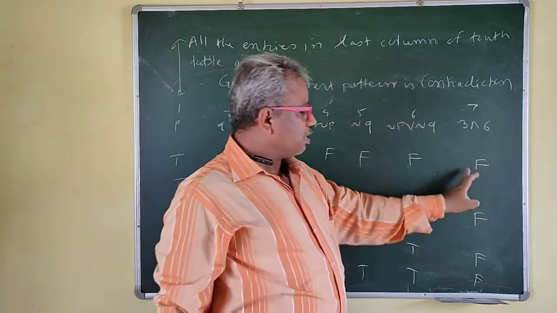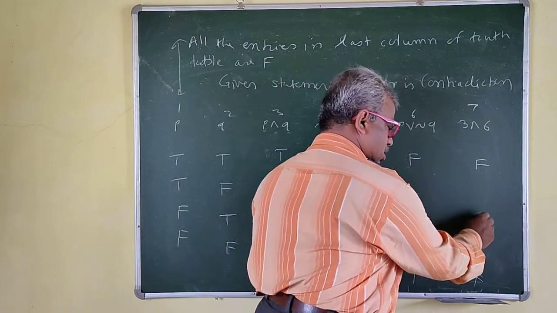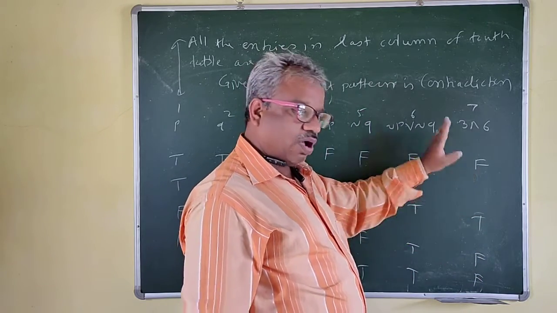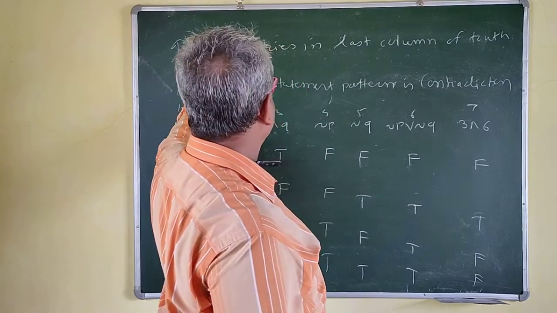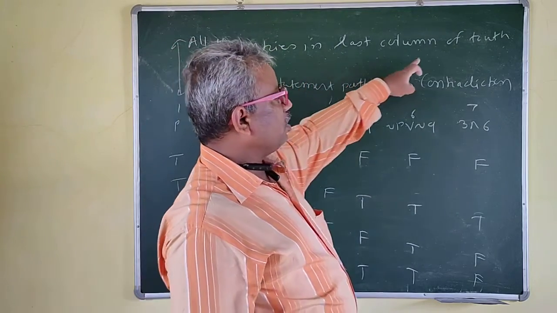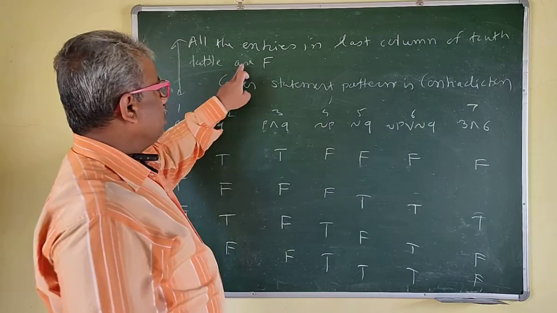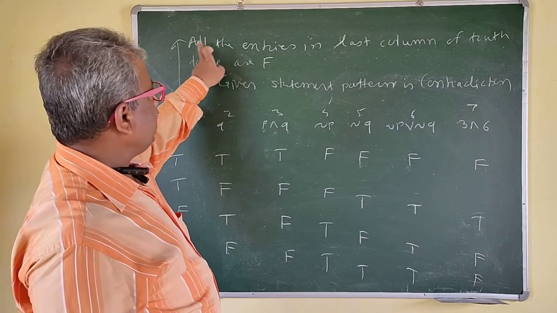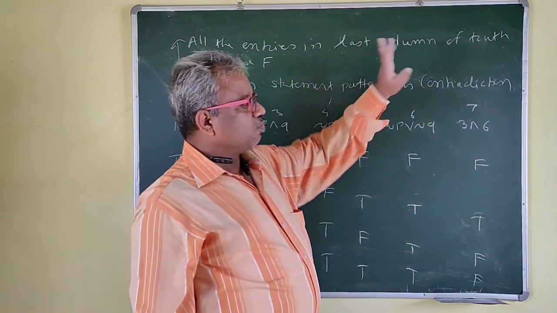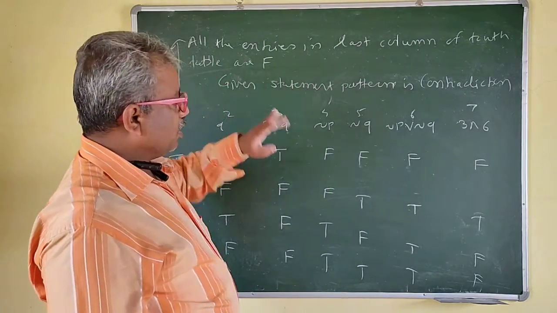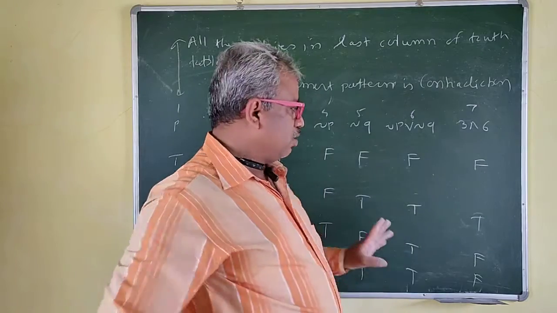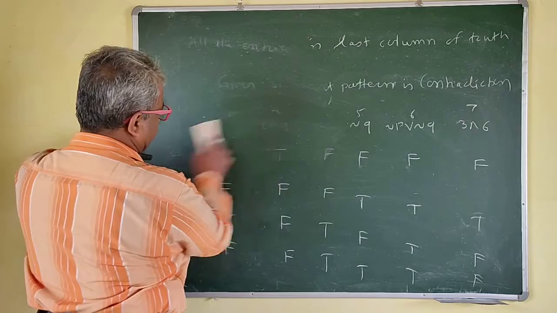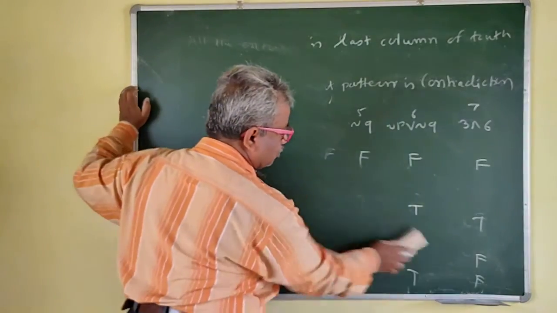Now suppose here T is there and F is there. So all the entries are not F, and all the entries are not T. That means all the entries in the last column of the truth table are neither T nor F. Since the last column contains both T and F, the given statement pattern is a contingency, or neither a tautology nor a contradiction.